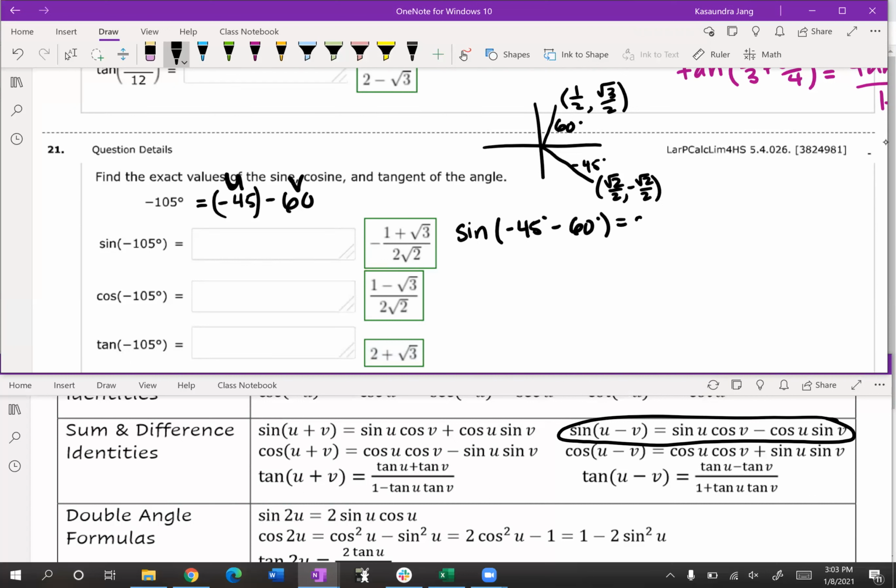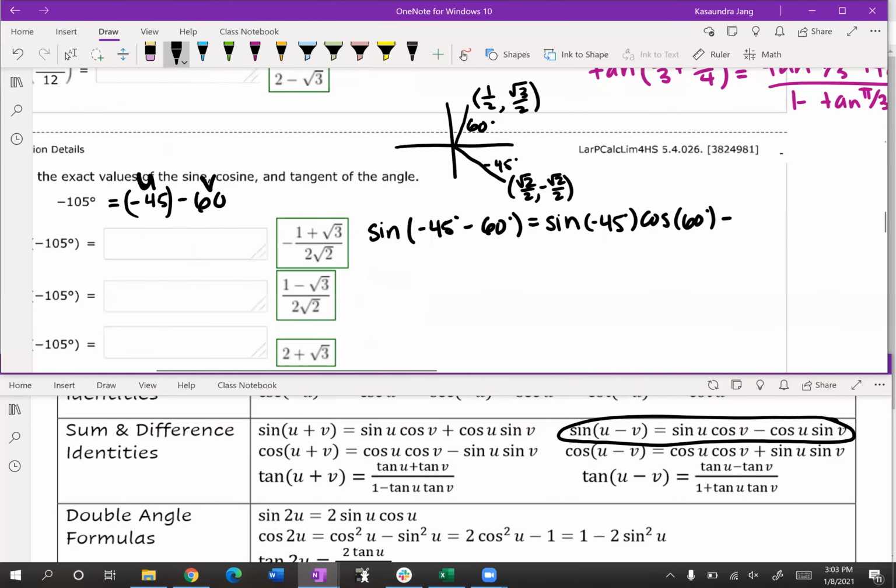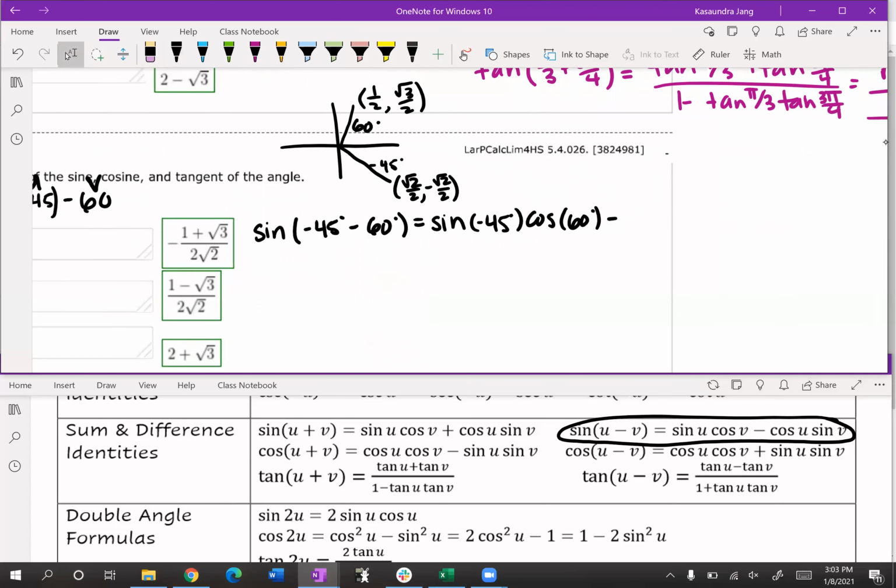So I get sine of negative 45 degrees, cosine of 60 degrees, and then minus, let's scoot this over here. All right, cosine of u, so cosine of negative 45 degrees, sine of v, so sine of 60 degrees.